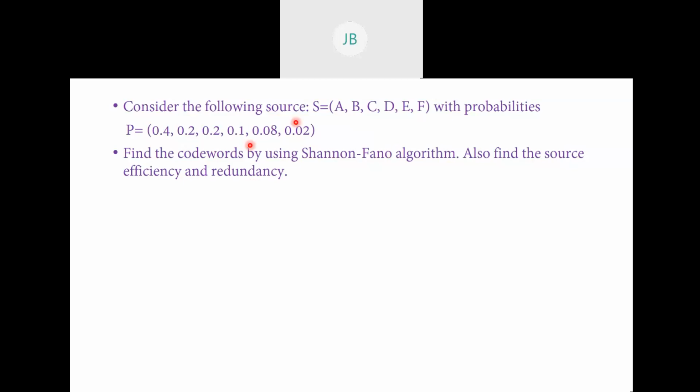This is one question from the previous exam, but there were other questions where the probability values are different. So this is a typical question. You may be asked another question with different values for the probabilities.